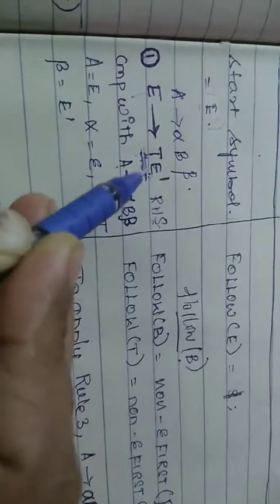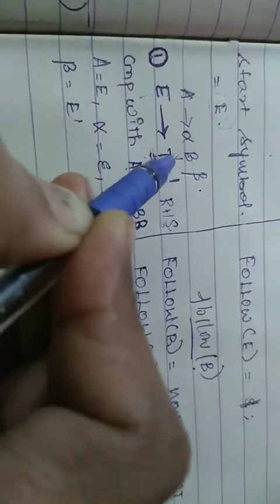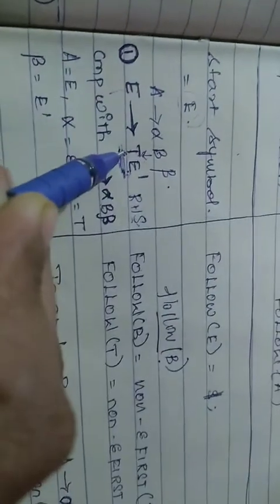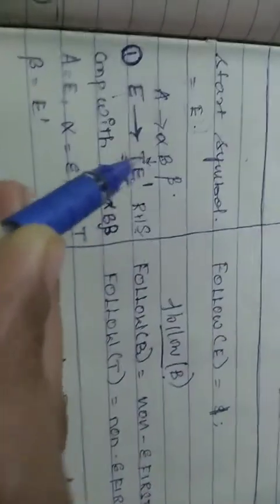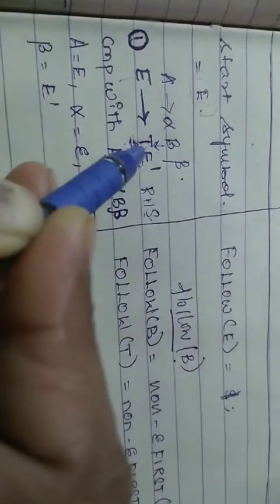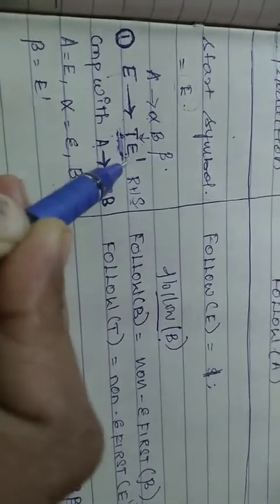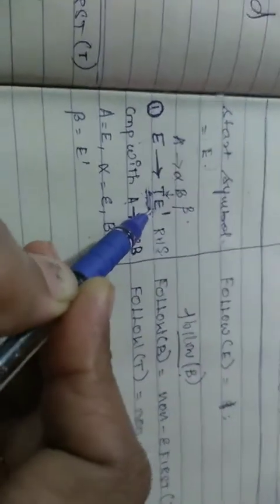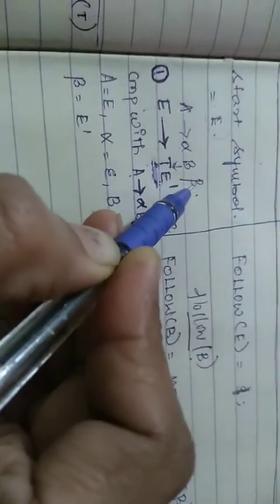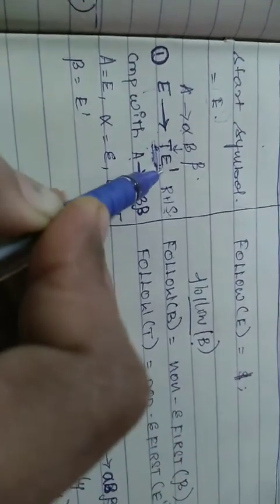So I'm again and again telling you, always the B has to be pointing to the non-terminal for which you're going to find the follow. Now I'm going to find the follow of T, so I'm equating B to T. So alpha comes, and after that beta comes next. You can go to the third rule only when beta has an epsilon definition. We will do it later.